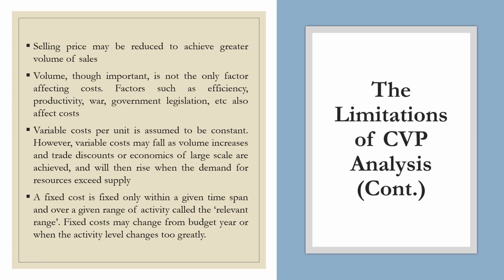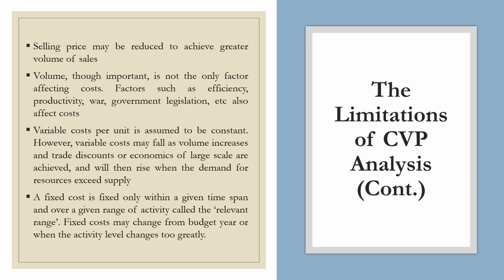Okay, this is an additional point about the limitations of CVP analysis. The selling price may be reduced to achieve greater volumes of sales. And volume is important but not the only factor affecting the cost. Factors such as efficiency, productivity, war, and government legislation also affect the cost.